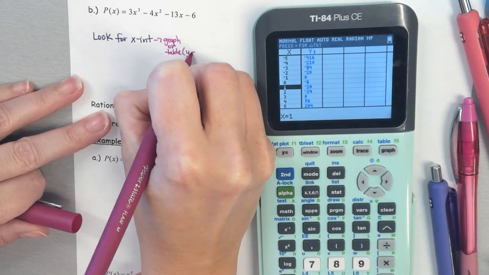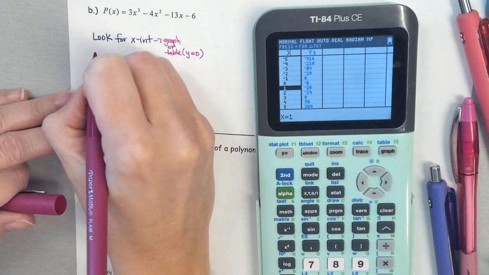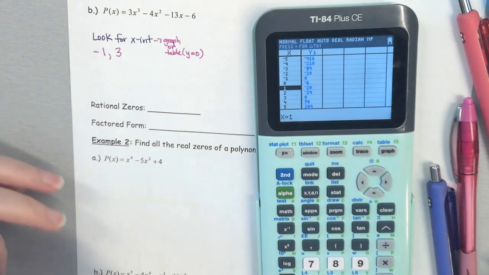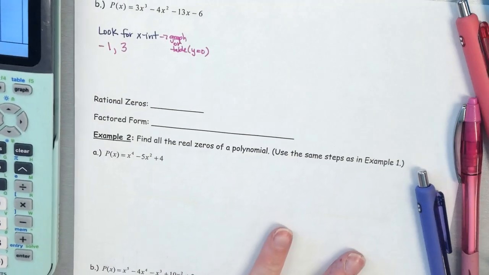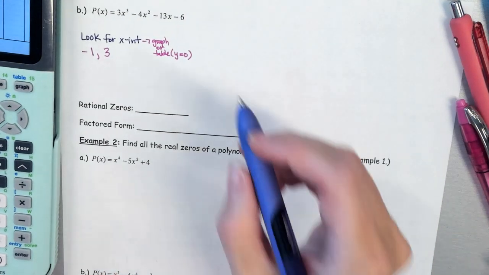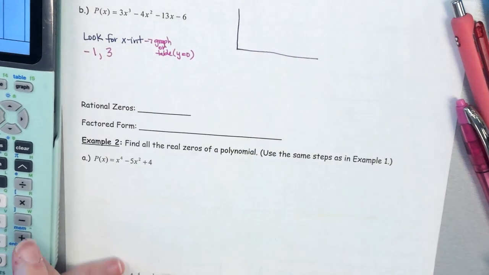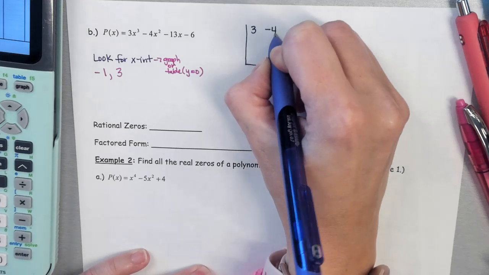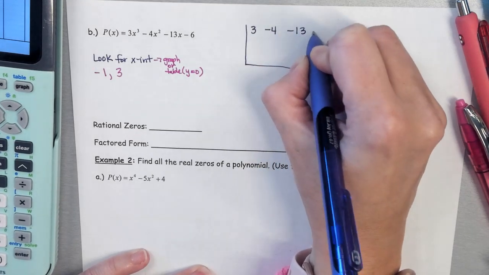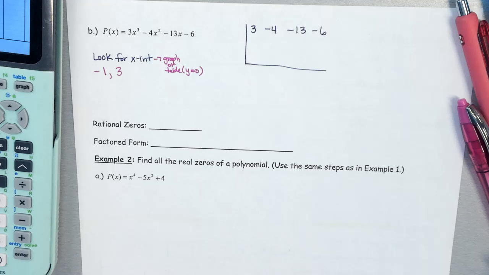In the table, just remember it's where y is 0. So you have -1 and you have 3. Okay, it doesn't matter which one you choose, but you do need to pick one to use for your synthetic division. Okay, so I want you to go ahead and do that now and then write out your quadratic.